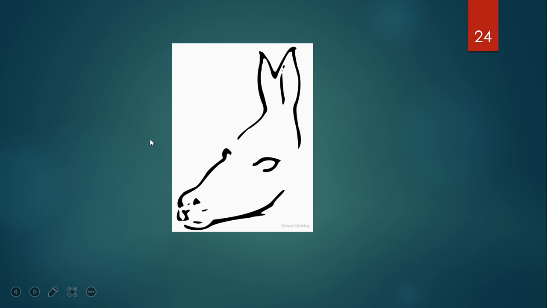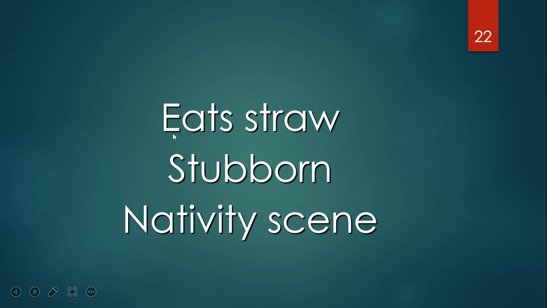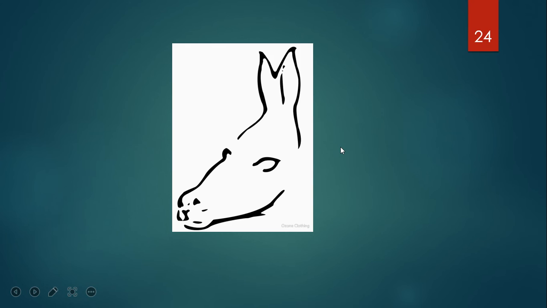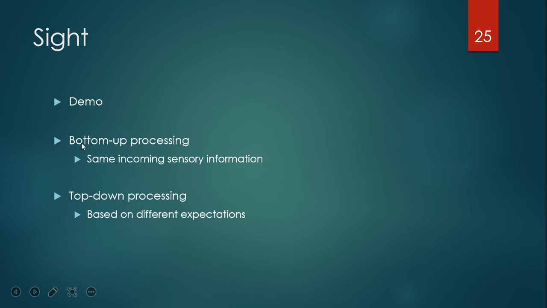What we find is that people who are exposed to the donkey-related words, eats straw, stubborn, nativity scene, surprise, surprise, tend to see a donkey. People who are exposed to the seal-related words, surprise, surprise, tend to see a seal. So what's going on here? Well, from the bottom-up processing side of things, you're exposed to the same image, the same ambiguous figure. So you have the same incoming sensory information, but you see something different based on what you expect to see.